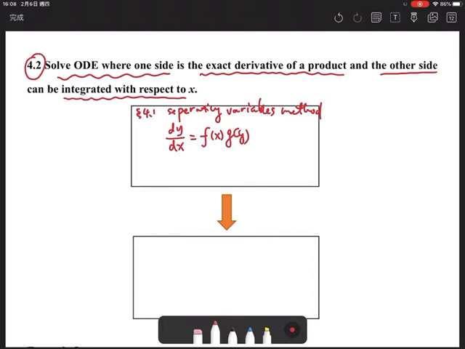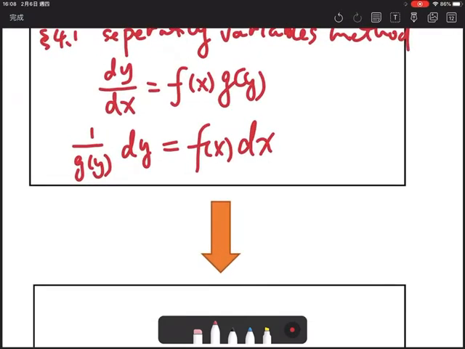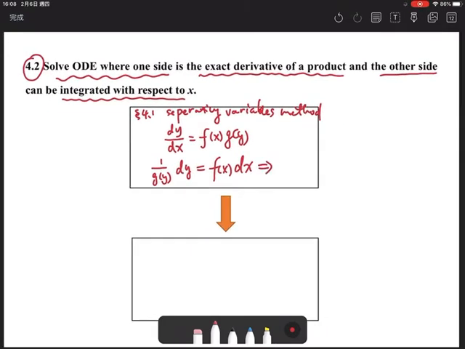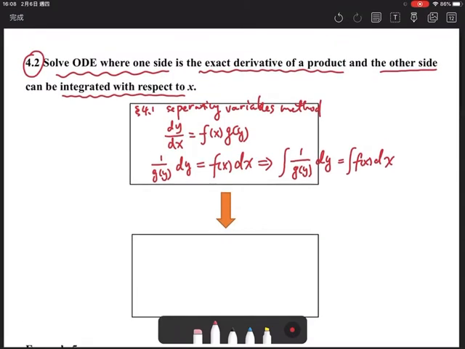We can separate the variables like 1 over g of y times dy equals f of x times dx, and then we do integration on both sides. It will be the integration of 1 over g of y with respect to y equals the integration of f of x times dx. Okay, so this is what we learned in section 4.1.